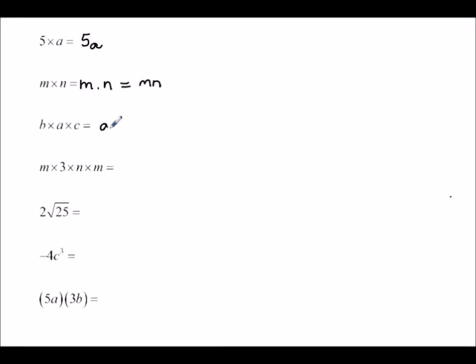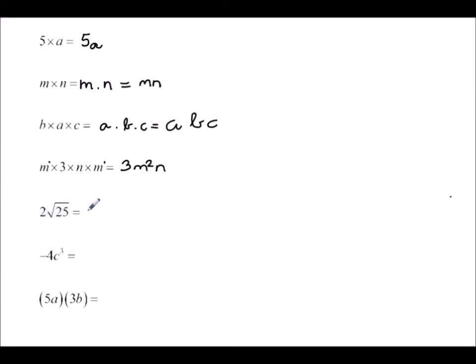Again, I could go A, B, C, which equals A, B, C. When we multiply numbers and variables together, I first deal with the signs. Well, all of these are positive, so my result is going to be positive 3. How many m's do I have multiplied together? Well, there's 1 there and 1 there, so it's m squared n.